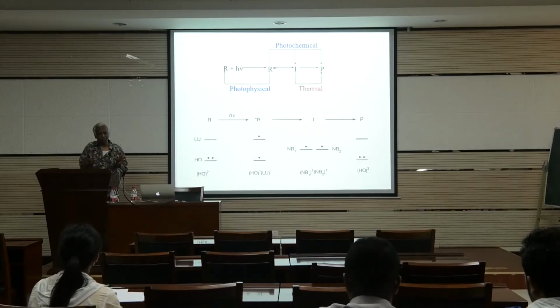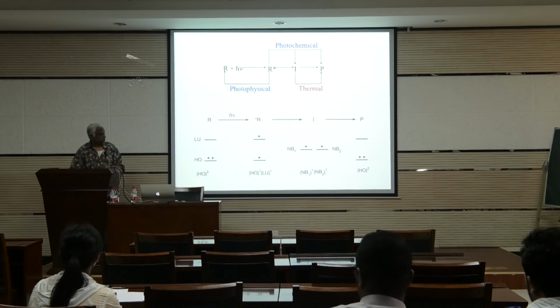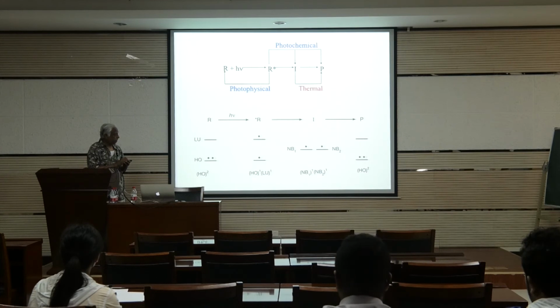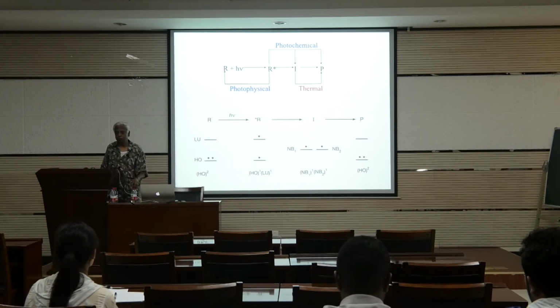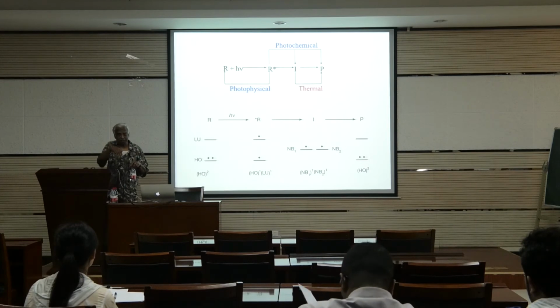Now the molecule has all the electrons with energy, but it is not very stable, so it wants to come back. When it comes back to the same structure, that is called photophysical. That means it will emit light. It will give back the light and come back down.